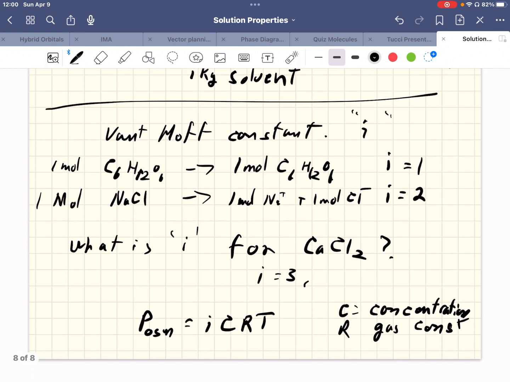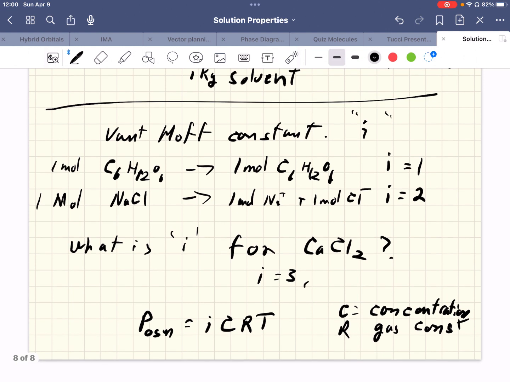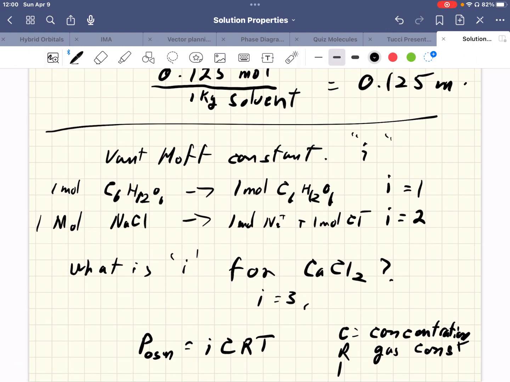Inexplicably, in biology, they're going to use a unit of pressure called bar. I don't know why. 100 bar is 1 atmosphere, and then T is Kelvin. So you'll be able to calculate the osmotic pressure if you know the concentration, the gas constant in the right units, I'm going to be talking in kilopascals, not bar, and the temperature in Kelvin.